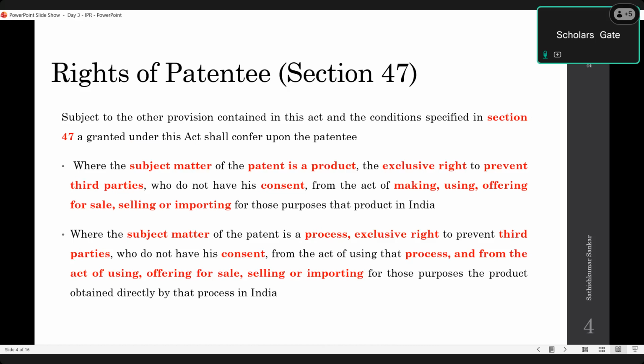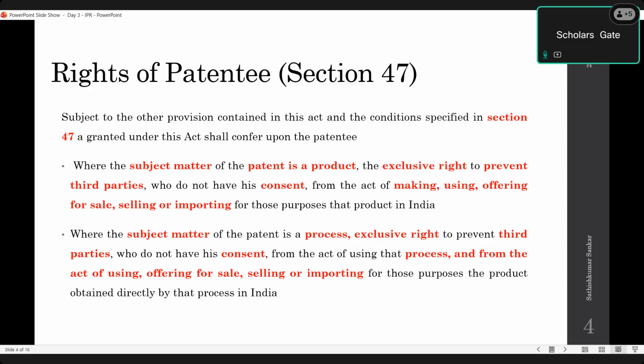So once the patent is granted, the patentee has the full rights for up to 20 years. After the 20 years, it goes to public use. Anyone can use that particular invention. But within 20 years, the patentee has the rights to make that product, use it or offer it for sale.